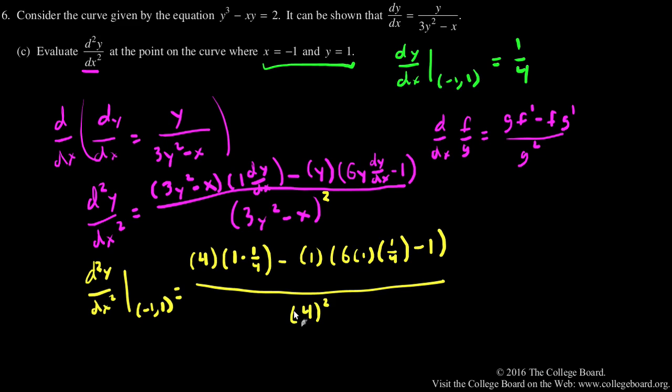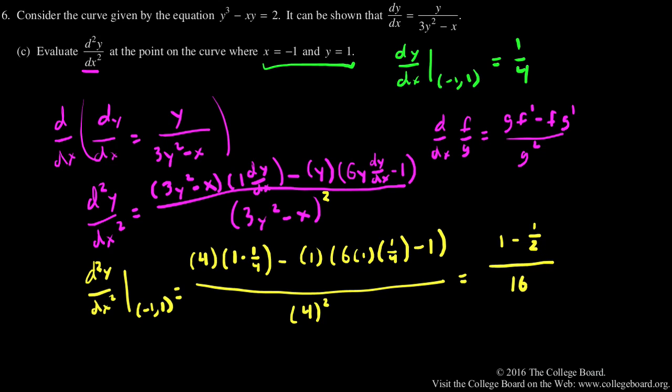And now I just have to do the arithmetic. So 4 times 1 times 1/4 is 1. I have 6 times 1 times 1/4, that's 1.5. Minus 1 is 0.5, or 1/2. Times 1 is 1/2, so I have minus 1/2 all over 16.